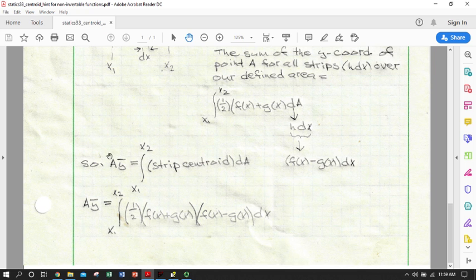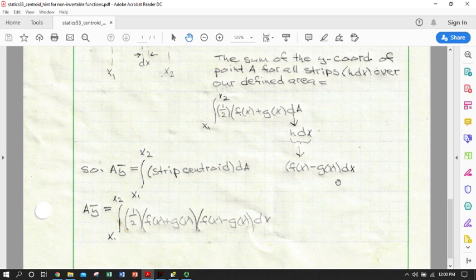So we can say that the area times the y centroid is the integral from our left-hand to right-hand x limits of 1/2 f of x plus g of x times f of x minus g of x. So that would multiply out to 1/2 times the integral of f squared of x minus g squared of x, dx.